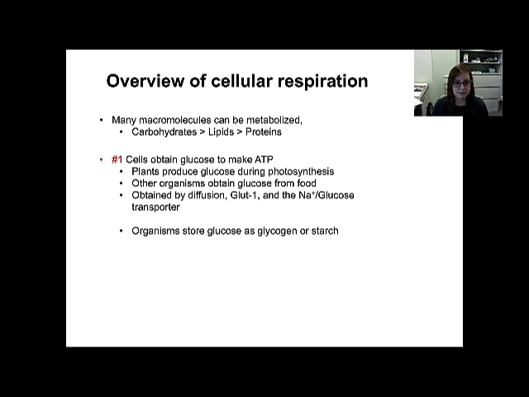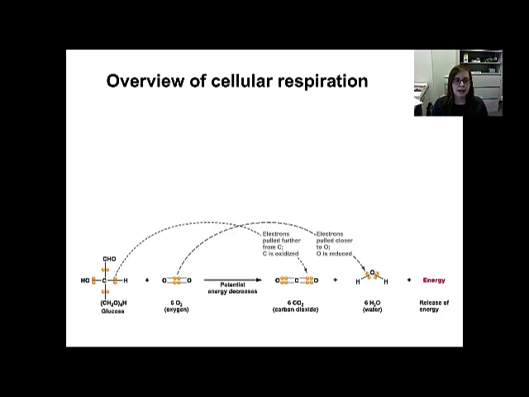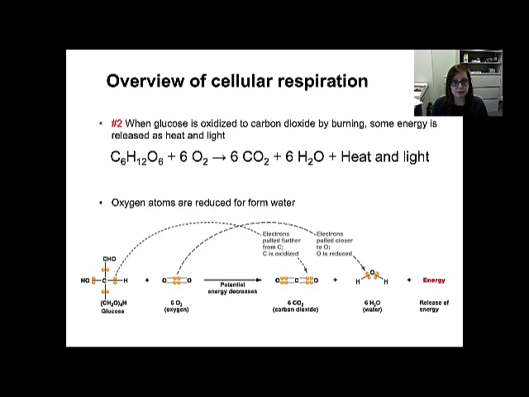And organisms, like ourselves, can store glucose as either glycogen or starch, and then we can break that down to release more glucose into our system. So first we get our glucose, and then we oxidize our glucose. When glucose is oxidized to carbon dioxide, by burning, some heat or energy is released. So a little bit about what oxidation is. Glucose and oxygen, I told you oxygen is involved, are converted into CO2 and water, okay?